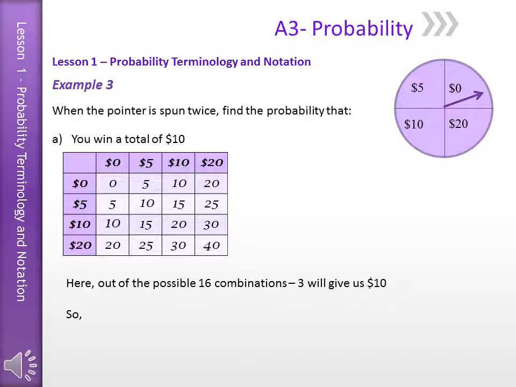And as you can see, $10 occurs 3 times. So here, out of the possible 16 combinations, 3 will give us $10. So our probability of winning $10 will be 3 out of 16.